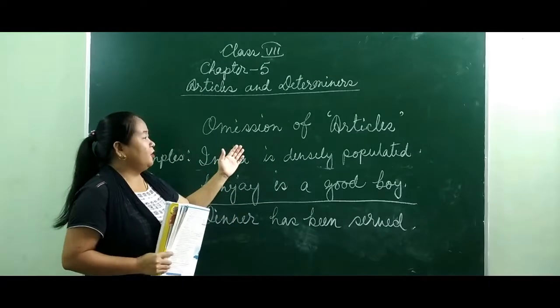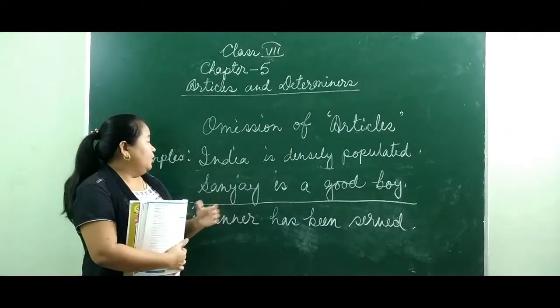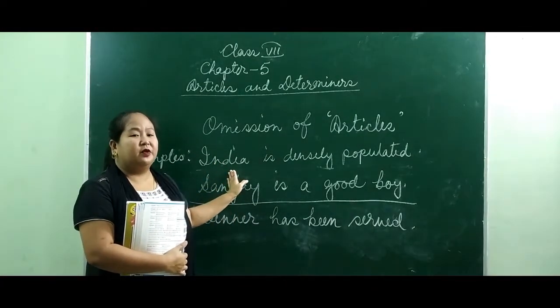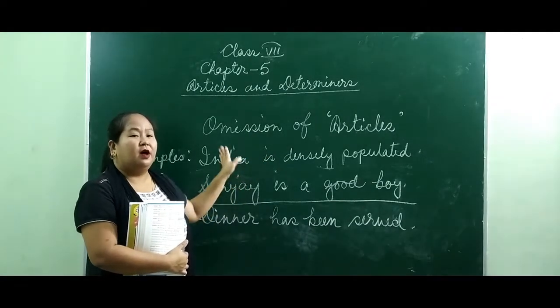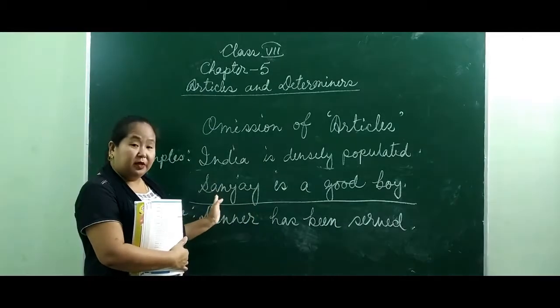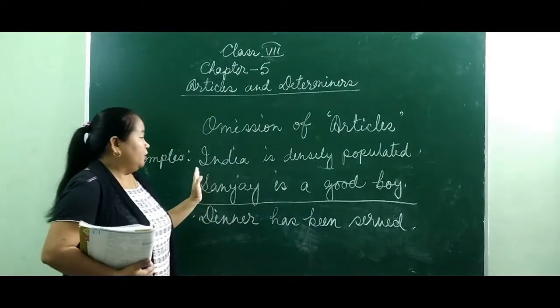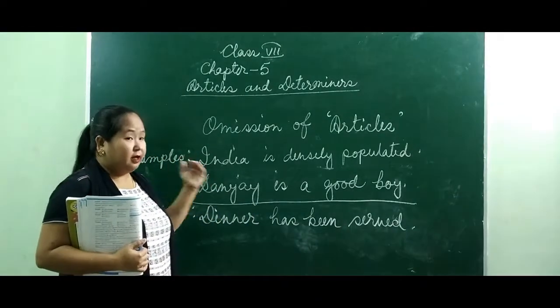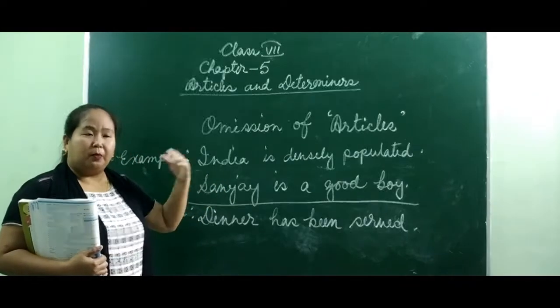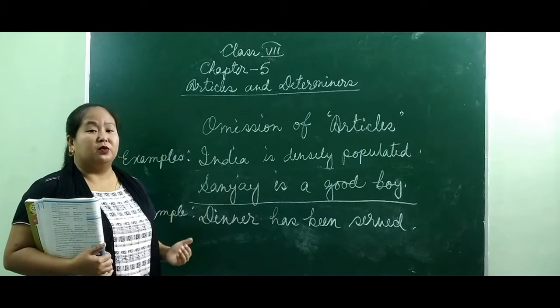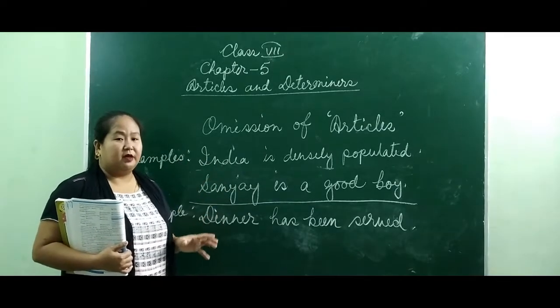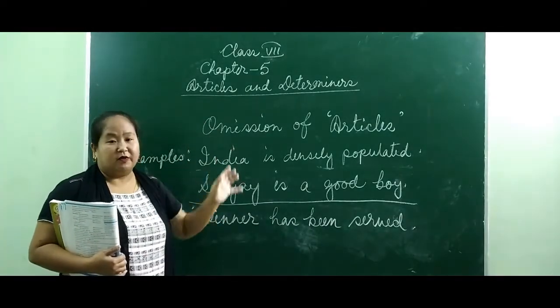Okay, now let us learn omission of articles. We do not use any articles before some proper nouns like names of countries, names of cities, names of people. Okay, we do use article the before some proper nouns like sun, moon, earth: the sun, the moon, the stars, before unique things, that is, things of one of a kind.